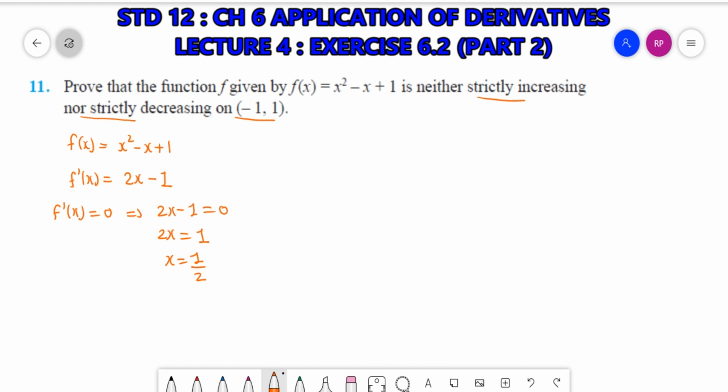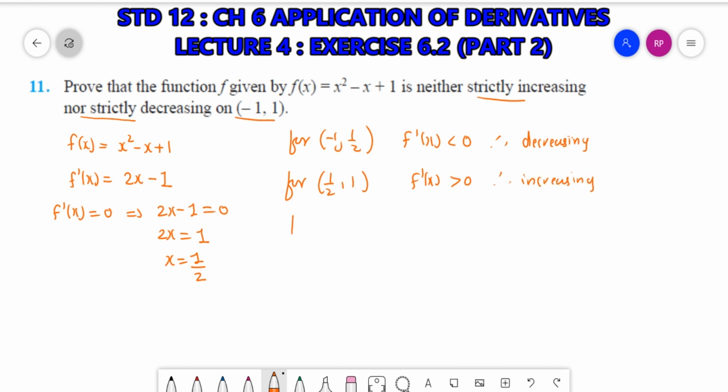So the interval minus 1 to 1 is divided into two parts. For minus 1 to 1 by 2, f dash x is less than 0, therefore decreasing.